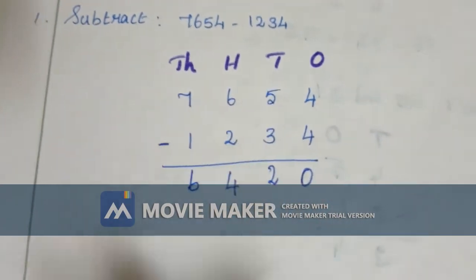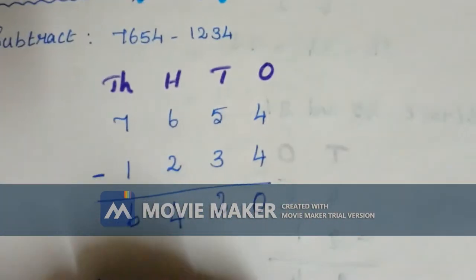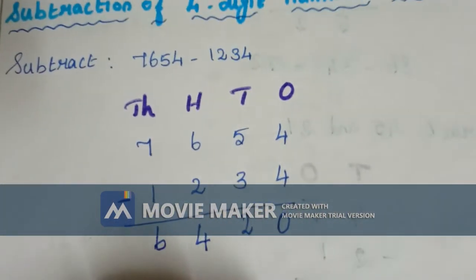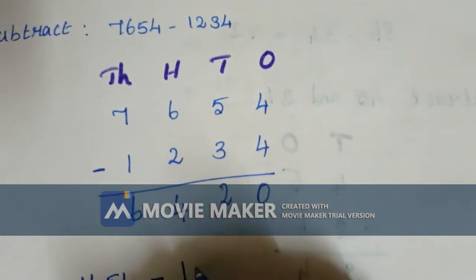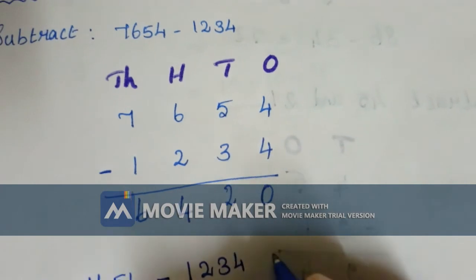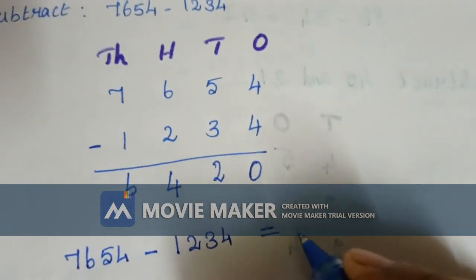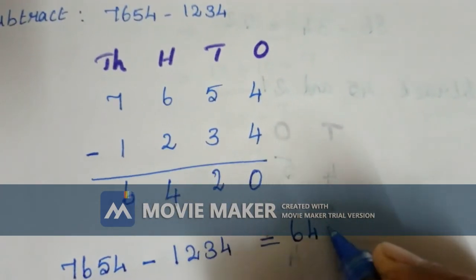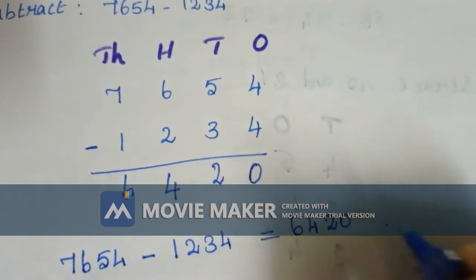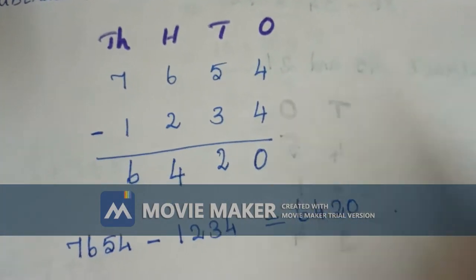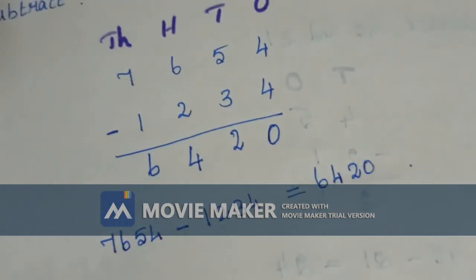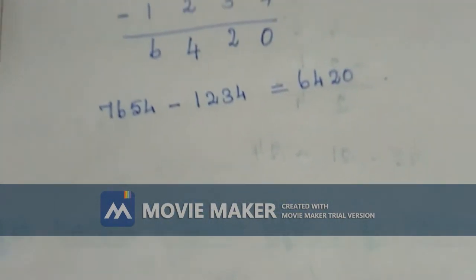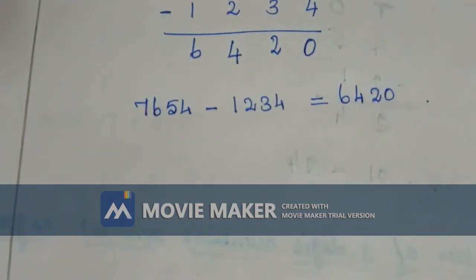Okay, so the answer is 7654 minus 1234, which gives us 6420. Okay children, now let's see one more example related to subtraction of 4-digit numbers.